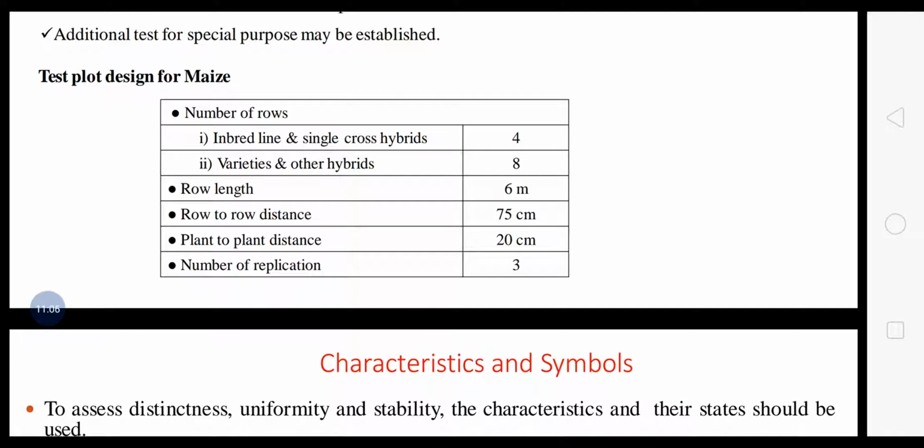Plant to plant distance is 20 centimeters. Number of replications is 3. Concentrating on the experimental designs, RCBD is the best method for this, and nowadays different other experimental designs are also used, like alpha lattice design and so on.